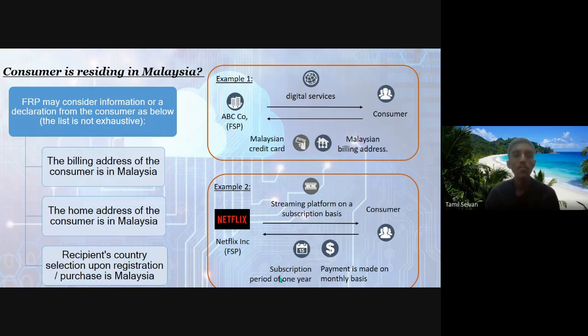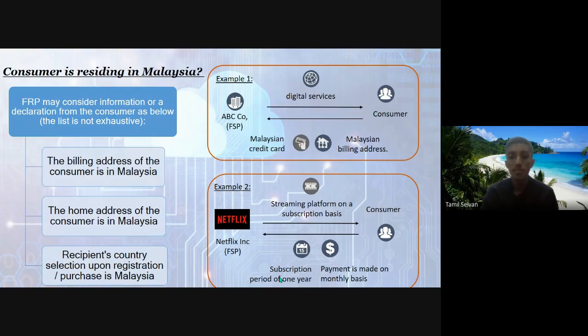So how can a foreign service provider determine if the consumer is residing in Malaysia? The foreign registered person can see the billing address of the consumer in Malaysia, the home address of the consumer, and the recipient's country selection upon registration or purchase in Malaysia. In example one, ABC company is a foreign service provider that sells digital services to a consumer, and the company can use information such as the Malaysian credit card and Malaysian billing address to determine the residency of the Malaysian consumer.